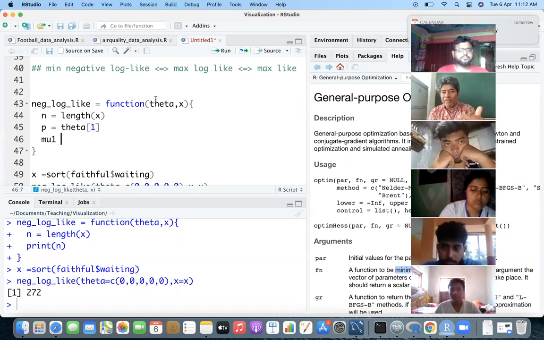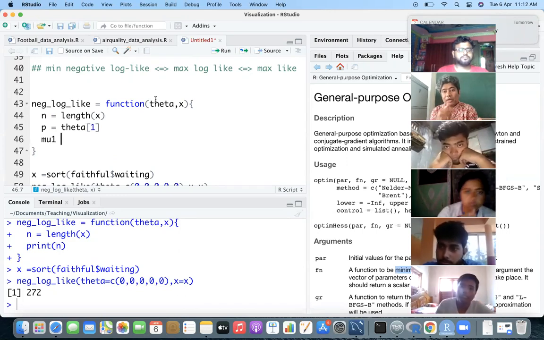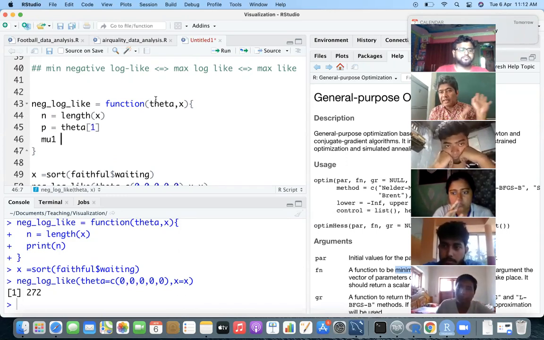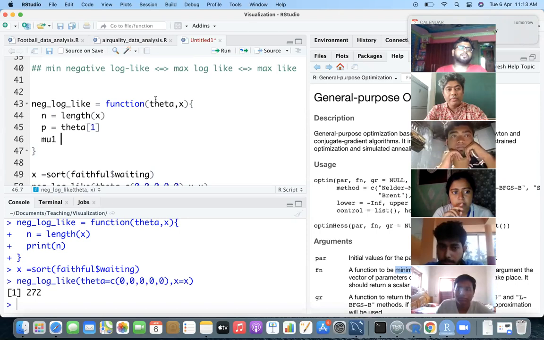Once we face the bug, I will tell you what the issue is and we will fix it at that moment. But right now, the function I'm going to write will have a bug.